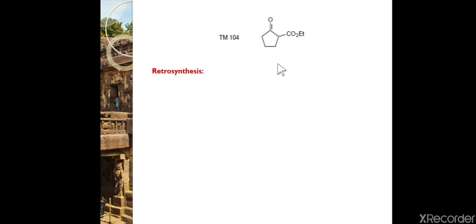Friends, now this is the next target molecule for the 1,3-dicarbonyl series. This is a 5-member ring, so we can try to get it by disconnection. Either we can disconnect over here, or we can generate this 5-member ring by disconnecting over here. Let's disconnect over here, and we will get this type of compound.